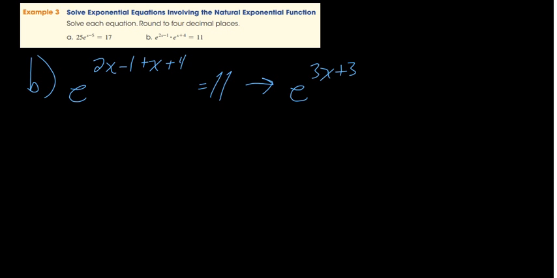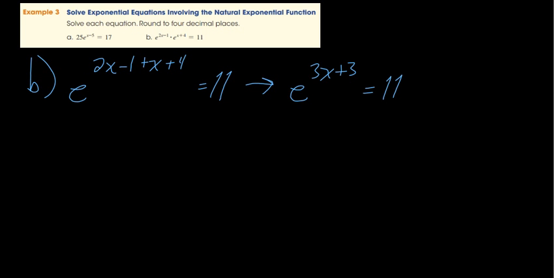So we've got e to the, let's just write it out, 2x minus 1 plus x plus 4, is equal to 11. And this becomes e to the 3x plus 3 is equal to 11.